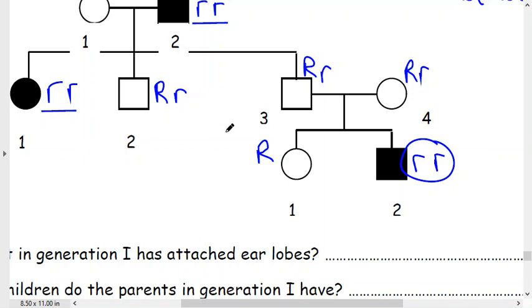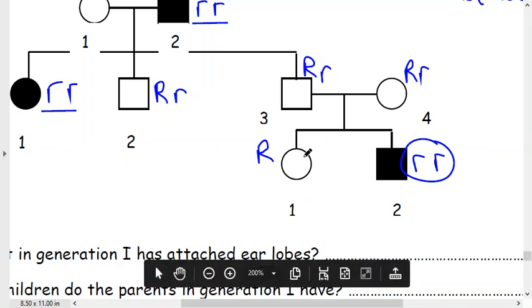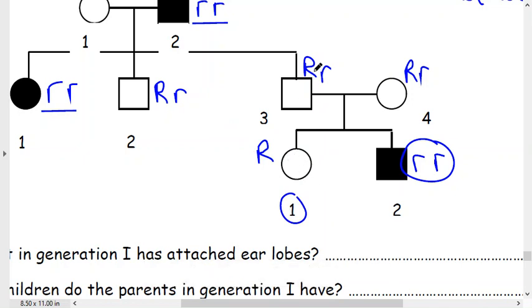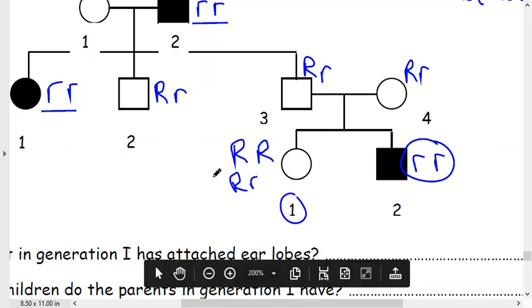So the only question here is this person right here, individual number 1 in the 3rd generation, could be homozygous dominant, or they could be heterozygous for their unattached earlobes. It's not clear because both are possible given the information in this diagram. So that's the only ambiguity here.